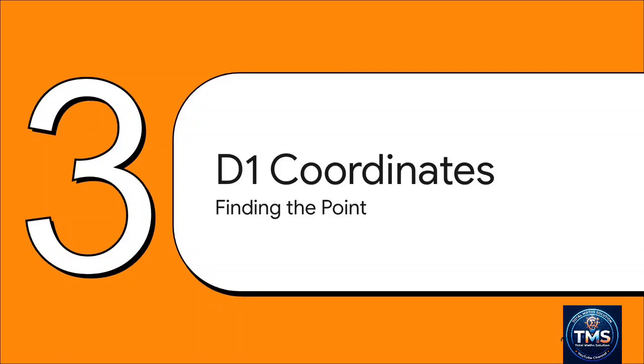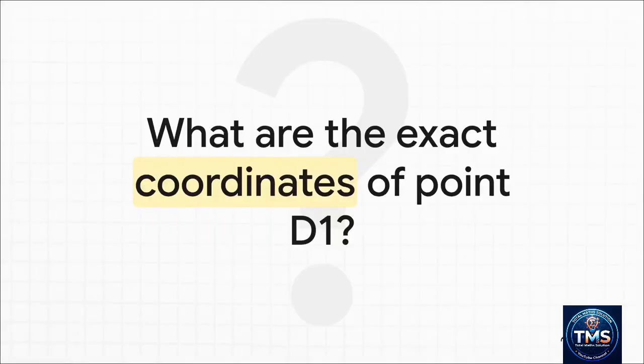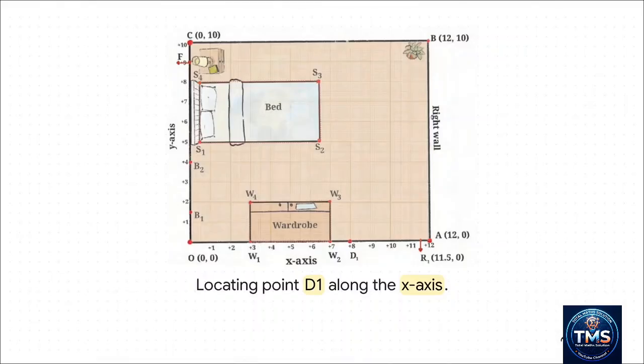Let's slide right into part 2, which just builds directly on what we just figured out. This question is asking for the specific mathematical address, the coordinates, of that starting point of the door, D1. Let's bring that visual back. Drag your eyes along the bottom, right across that horizontal line. Find D1.